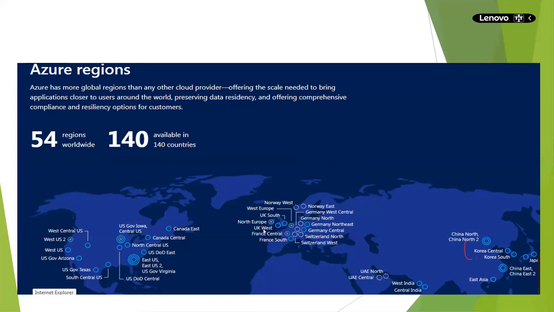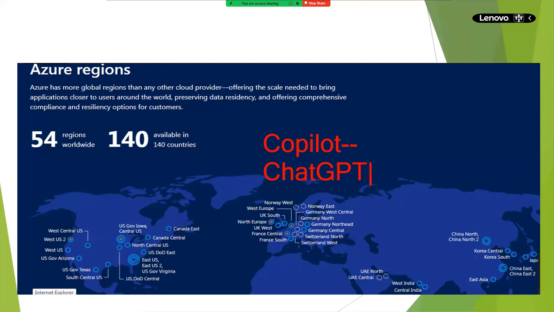Another very important thing is Copilot. Have you heard about it? ChatGPT. Yes. ChatGPT is a Microsoft product. It is OpenAI, with 50% of the investment done by Microsoft, so almost it is a Microsoft product.